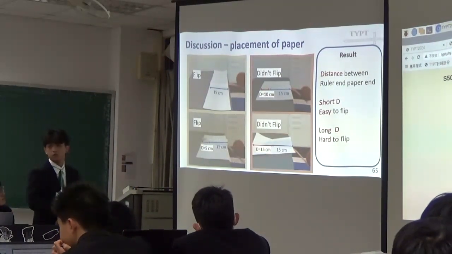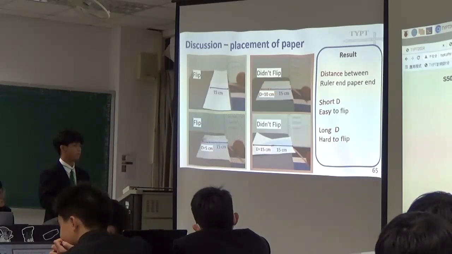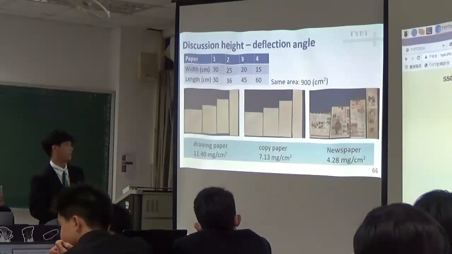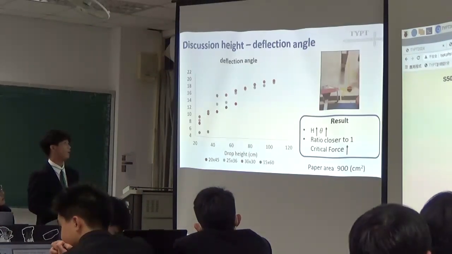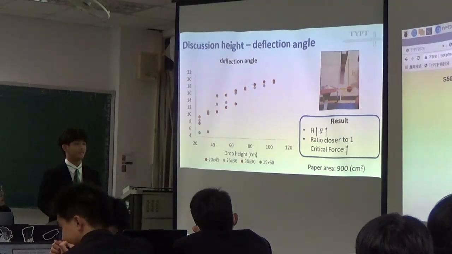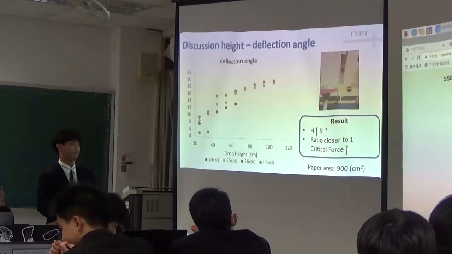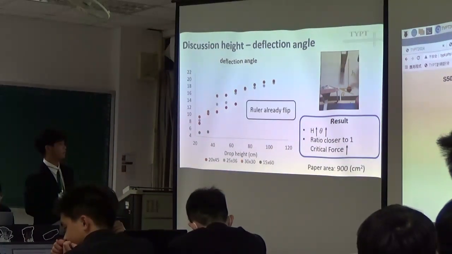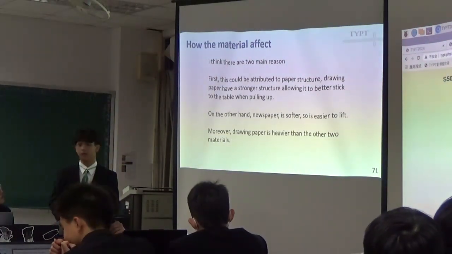If the distance is too big or too long, the ruler will not flip easily. I also discussed other variables in our experiment, but because of the time, I did not have time to explore or present more. So, here are my concluding remarks. Thanks.